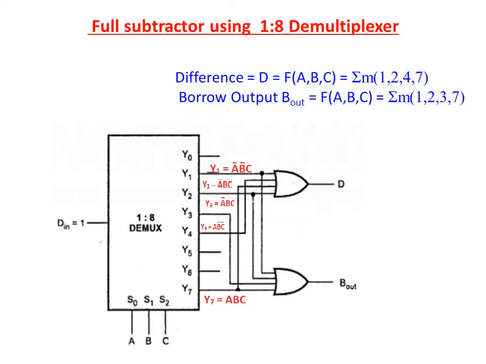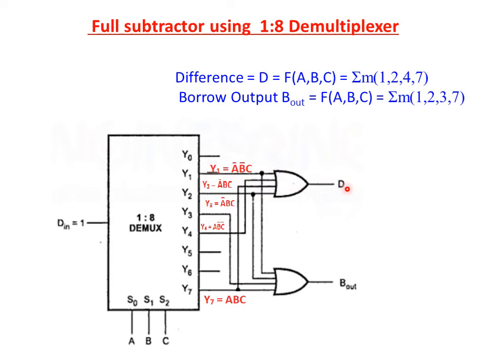Now we are going to implement it with a 1:8 demultiplexer. Here is the block diagram representation. The 8 outputs are Y0 to Y7. At each output we obtain the minterms. The three inputs are given to the selection lines and the external input is D. Now to design difference and borrow, we take the minterms and connect them to the OR gate.